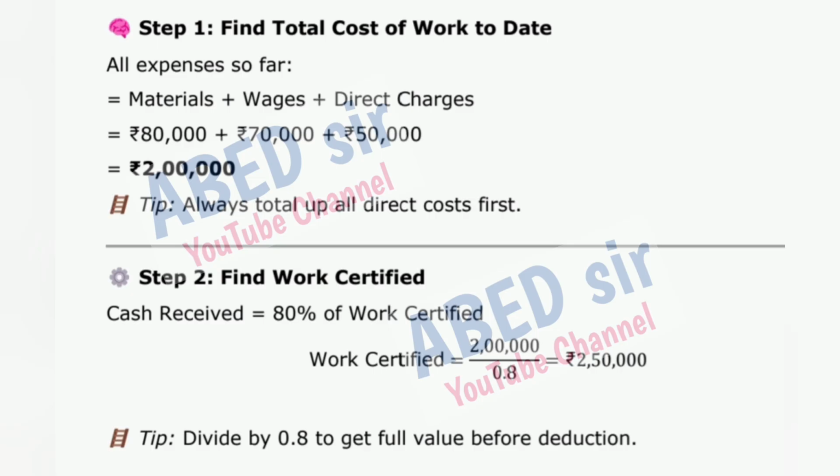Step 2. Find work certified. Cash received is equal to 80% of work certified. Work certified is equal to 2,00,000 divided by 0.8 is equal to 2,50,000. Tip: divide by 0.8 to get full value before deduction.